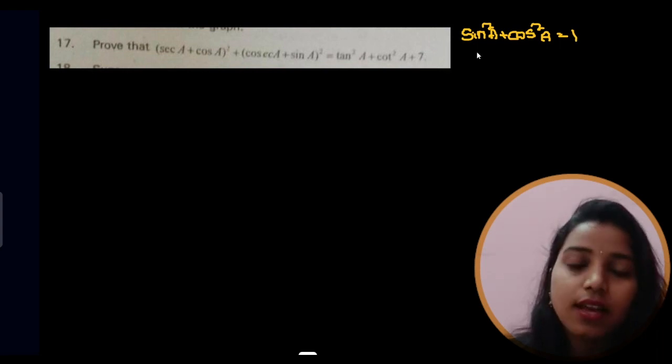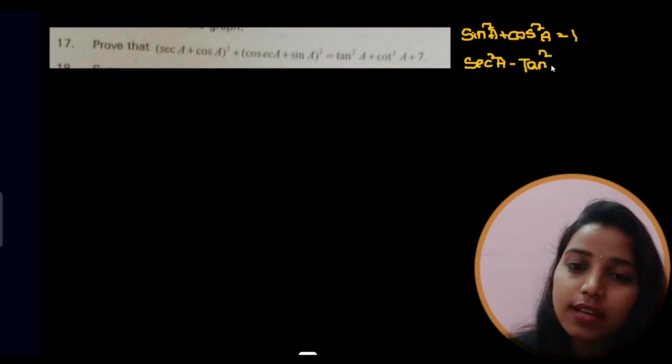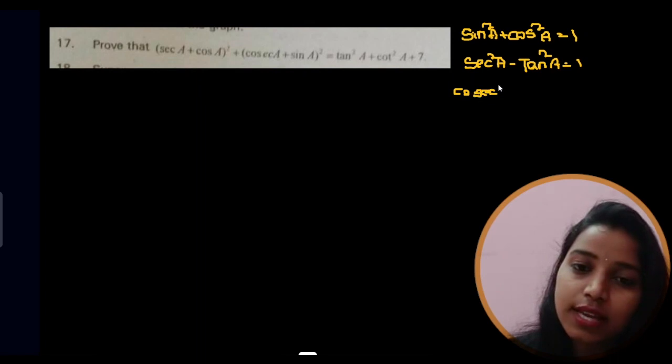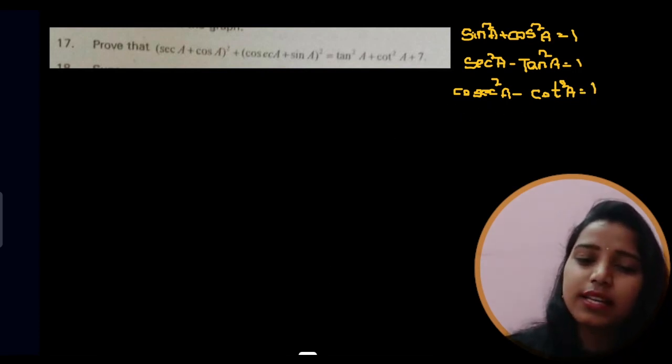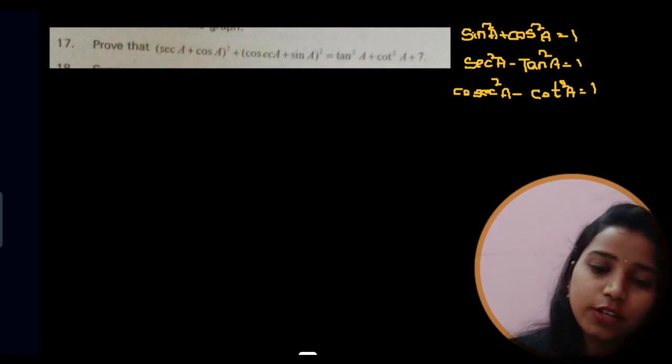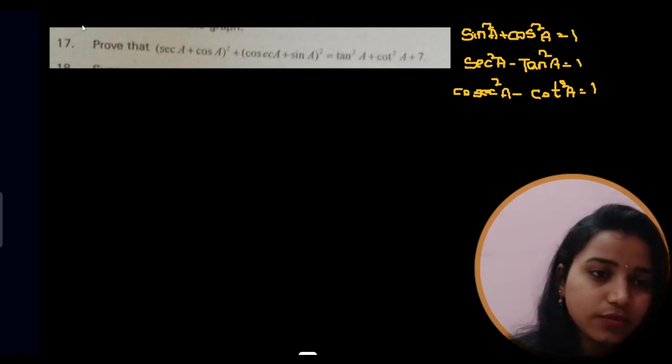This is one identity. The second one is sec square a minus tan square a is equal to 1. This is another identity. And we have one more, cosecant square a minus cot square a is equal to 1. Got it? And I hope you know all the relations, right? I guess no need to tell the relations as well.